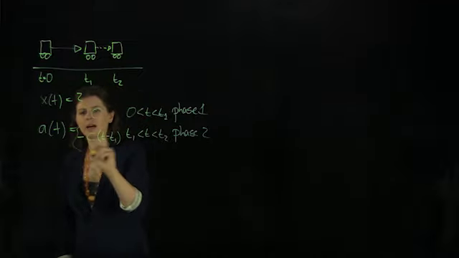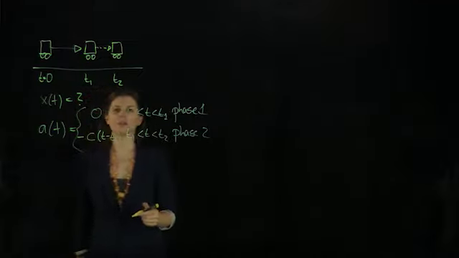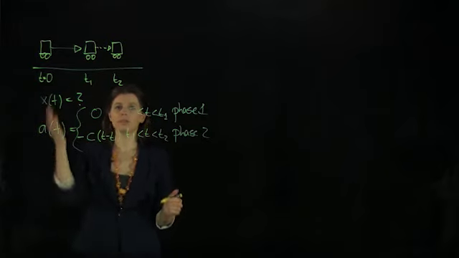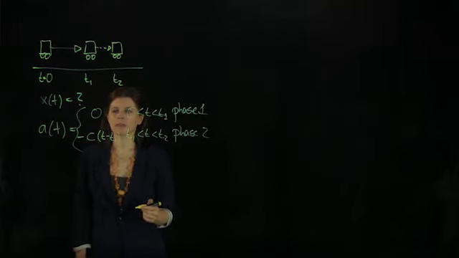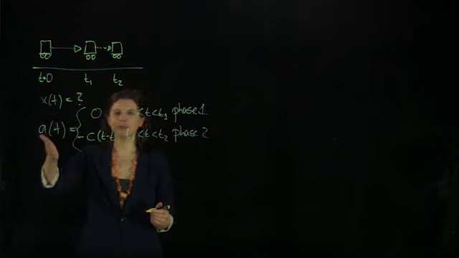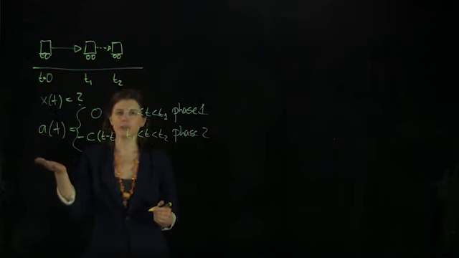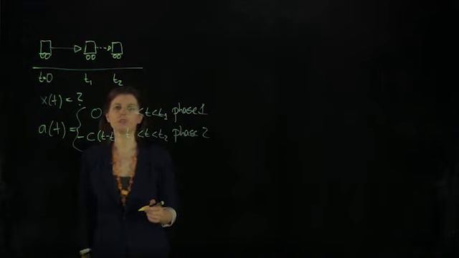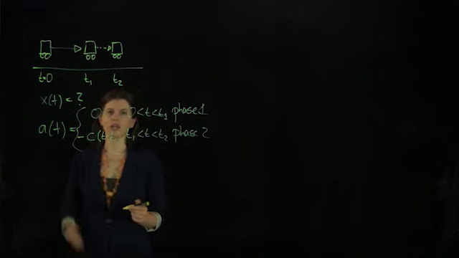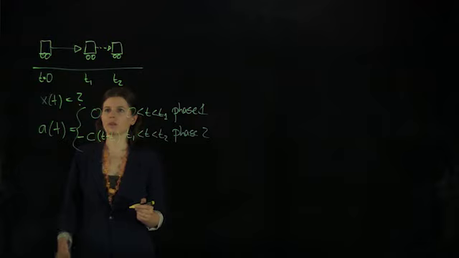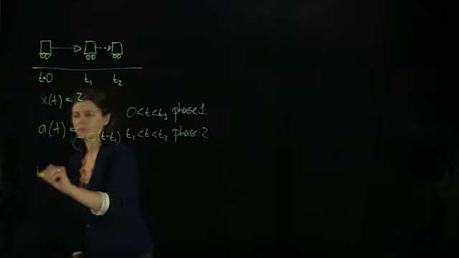So this is our acceleration information that the problem has given us. And we know, of course, that if we integrate the acceleration, we're going to get to the velocity function, and if we integrate that again, we're going to get to our position function. So let's do that first for phase 1.